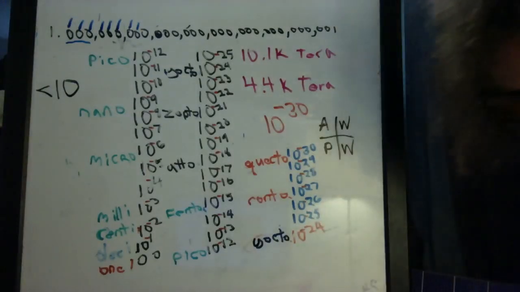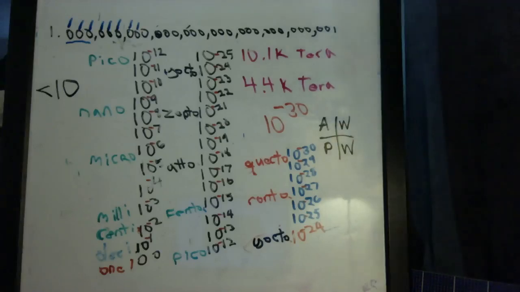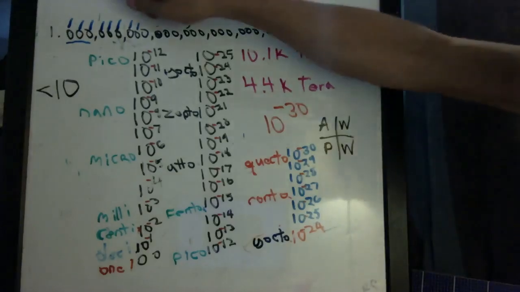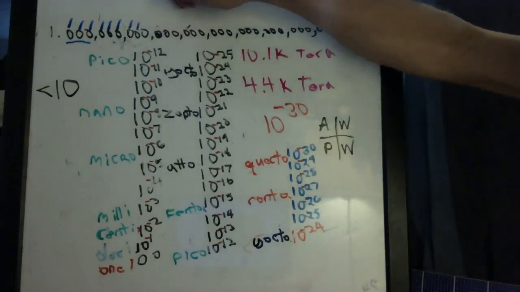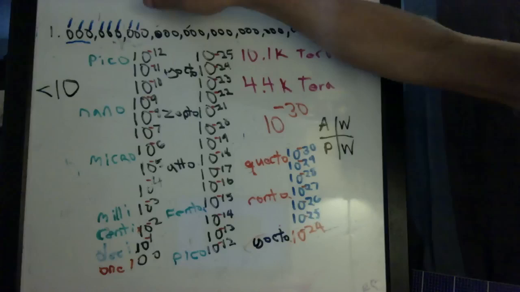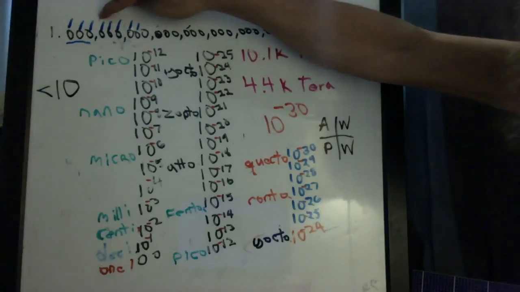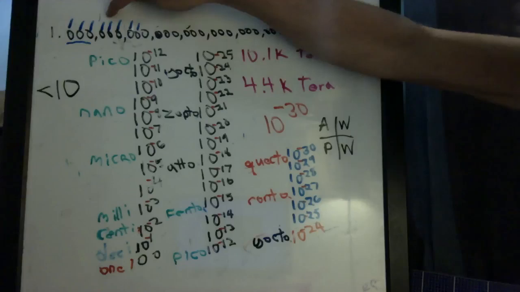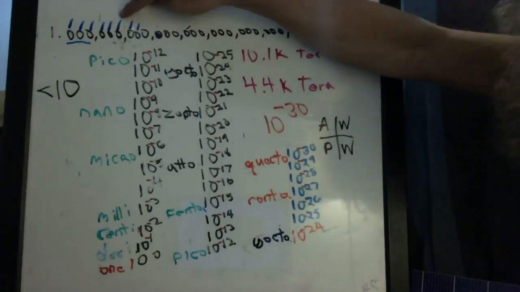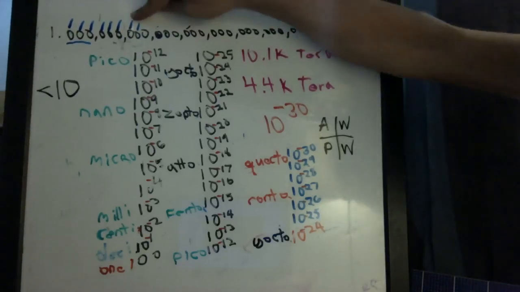Alright, so let's see, where was I? Naming everything. Oh, up here. Naming stuff. So, tenths, hundredths, thousandths, millionths, billionths, trillionths, quadrillionths.